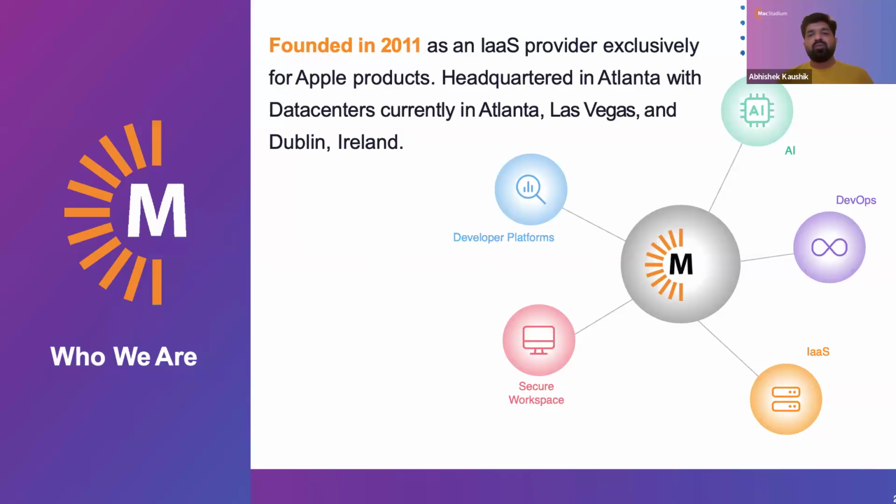And as you can see, we have moved from infrastructure as a service to a MacOps environment today. So we are helping teams who are working on DevOps, teams who still need our infrastructure as a service, and teams who need a secure workspace. We also have a virtualization platform called Orca, which provides a virtualized macOS environment based on the Kubernetes platform, and we also have developer platforms that can be accessed and utilized.